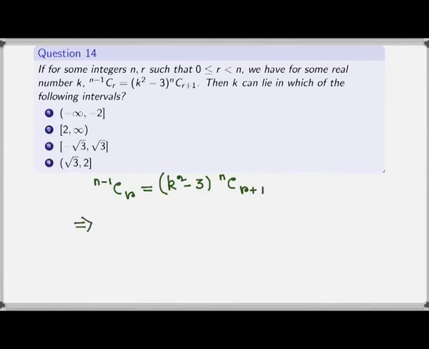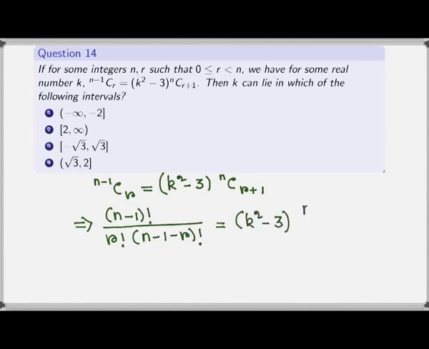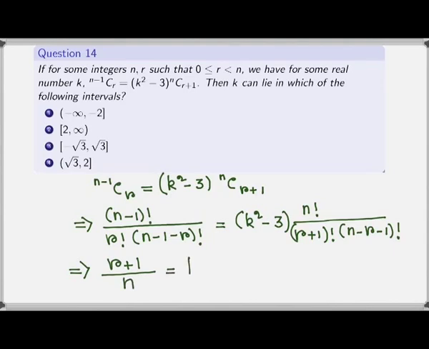That means (n−1)! divided by r! into (n−1−r)! is equal to (k² − 3) into n! divided by (r+1)! into (n−r−1)!. So we get (r+1) divided by n is equal to k² − 3.